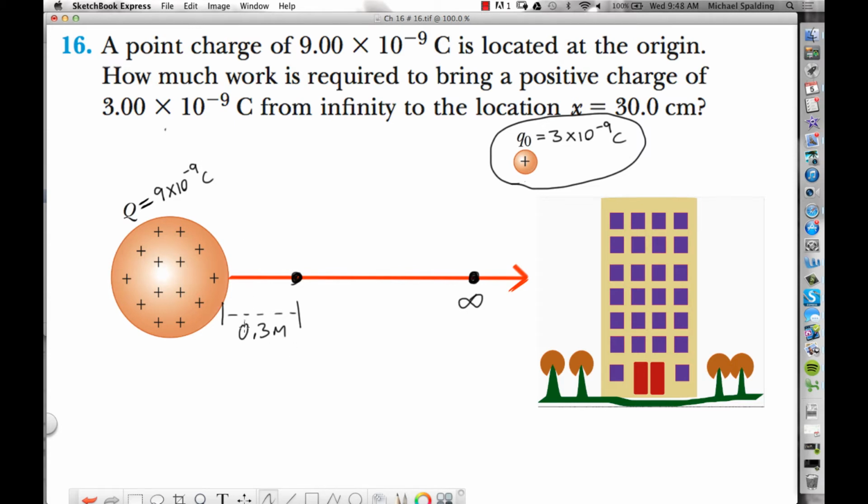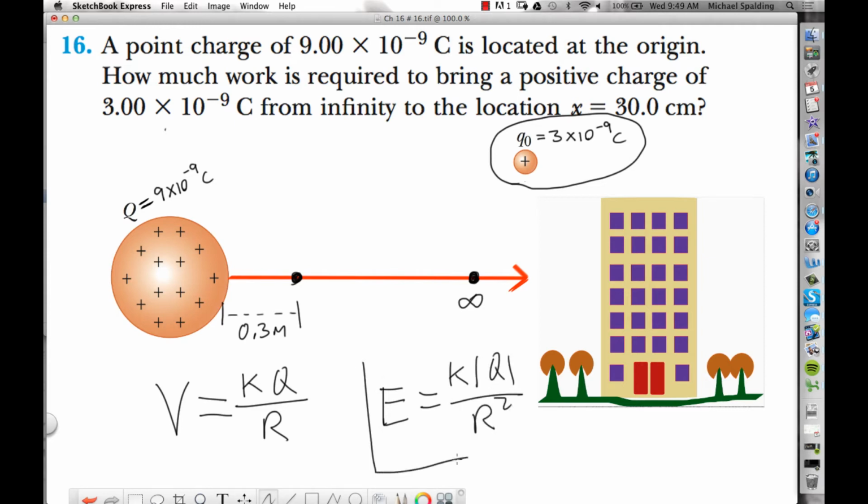Well, in this chapter, one of the equations that you learned is how to calculate electric potential at a distance from a big guy, KQ over R. And just note, that's very similar to finding electric field at a distance from a big guy.